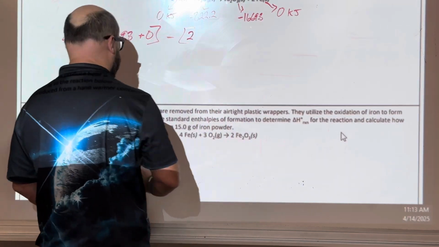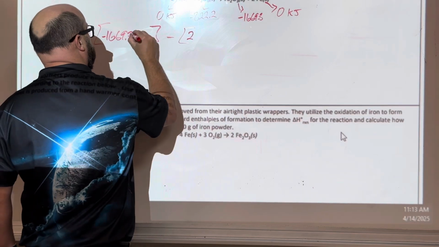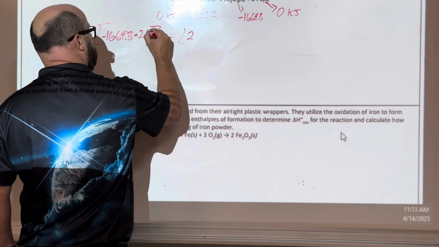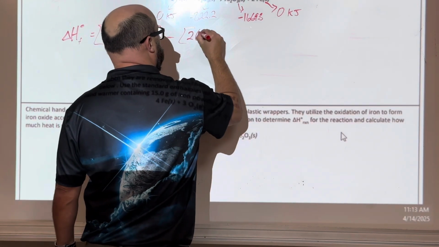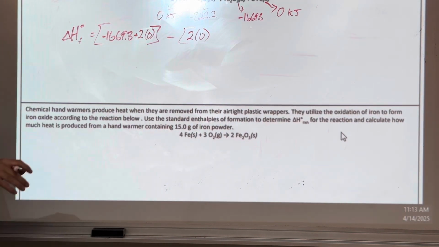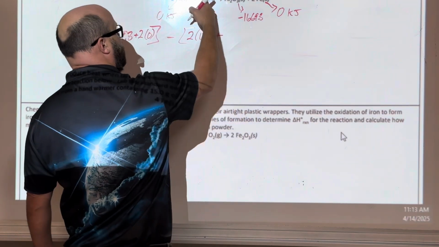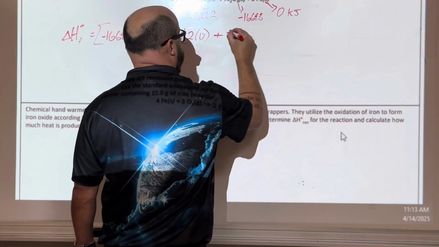Oh yeah, this should have been 2 times 0. I gave it away, though. Plus 2 times 0, because you've got to multiply it by its coefficient, even when it's 0. Plus 1 times 822.2.